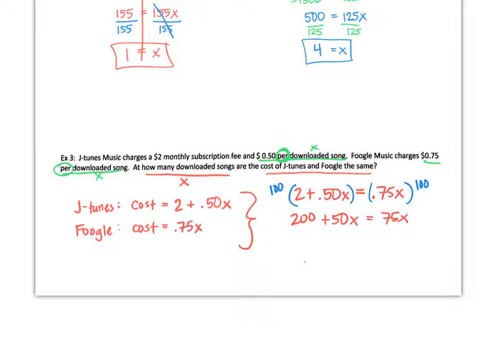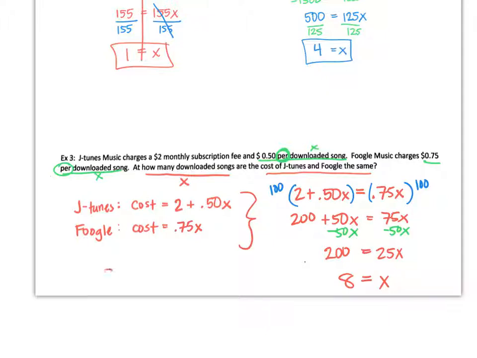I'm going to subtract 50x on both sides. And I get 200 equals 25x. And when I divide both sides by 25, I get 8.